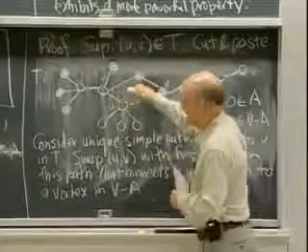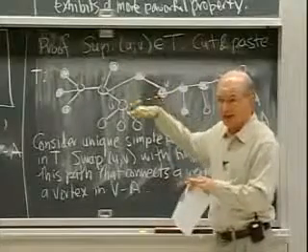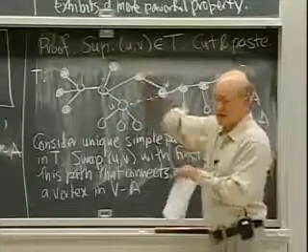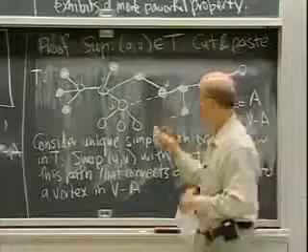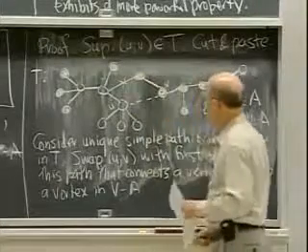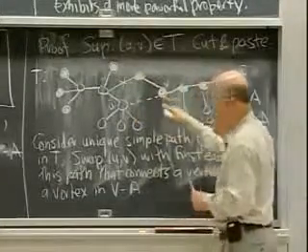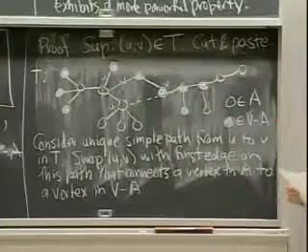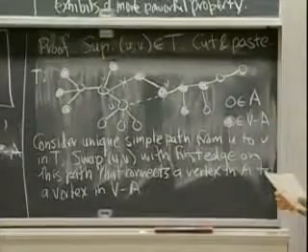I go from A to V minus A. In general, I might be alternating many times, and I just pick the first one that I encounter. That's this guy here. And what I do is I put this edge in.